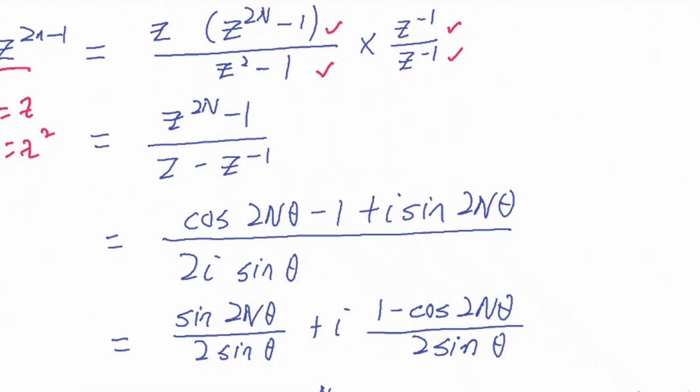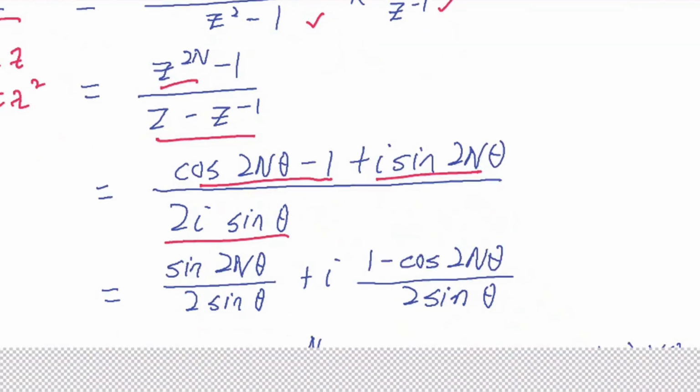A lot of things get cancelled off nicely here. So you can see the denominator is z minus z to the power -1, which is 2i sine theta. And for the numerator, we just open up the z to the power 2n, which is cos 2n theta plus i sine 2n theta, minus 1. After that, we just have to tidy up.